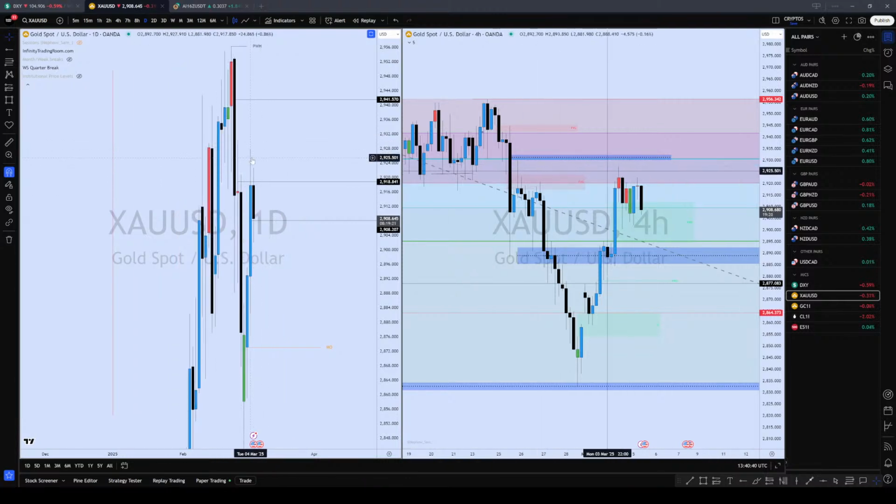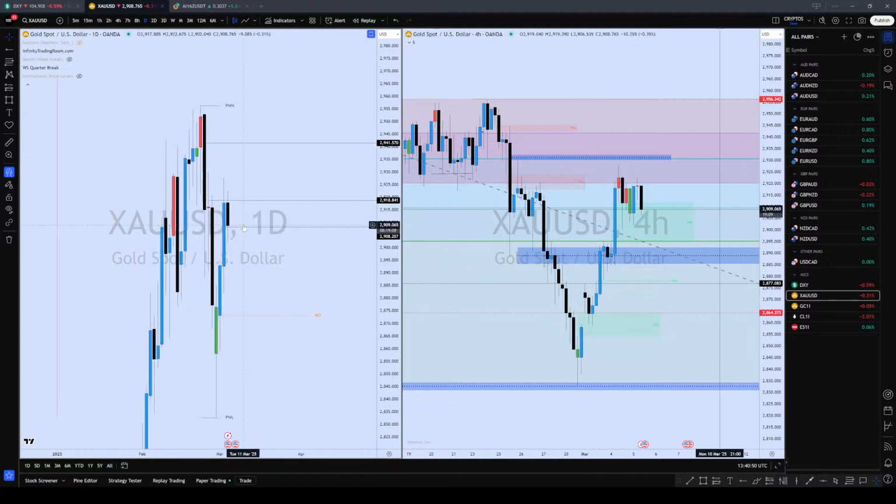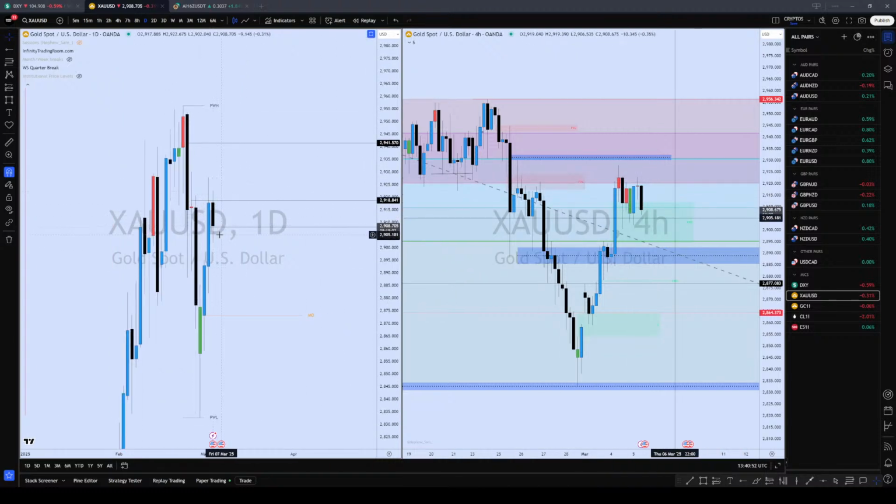So I'm not convinced yet, because it can still come up and take out the previous day's high, and that's how I want it to be. If it starts going down like this, I really don't like it, because it leaves this high and this high exposed. That's equal high. We want them to take out the high. Okay, so as it stands, that's basically what you're going.